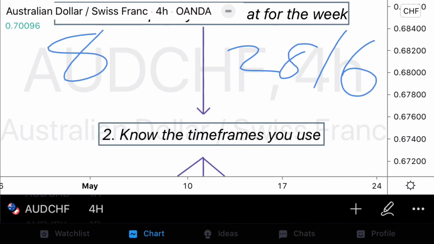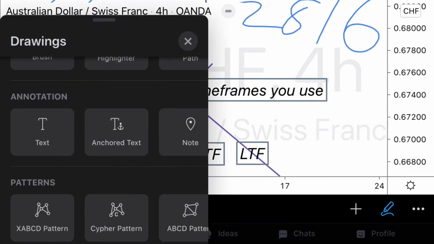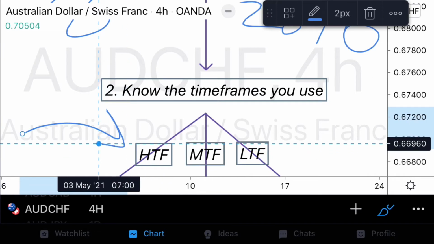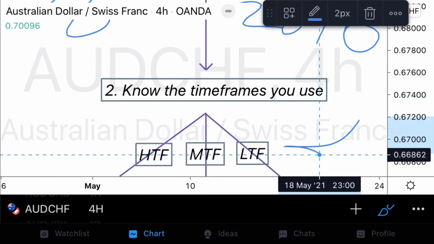Now guys, I always use 3 different time frames. I use a higher time frame, I use a middle time frame, and I use a lower time frame.